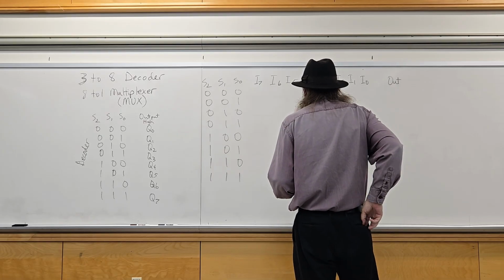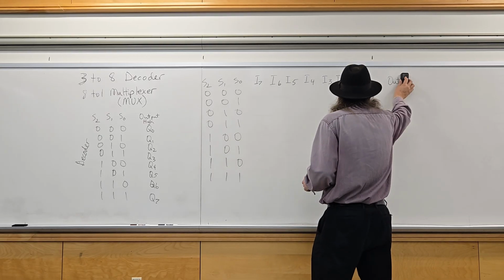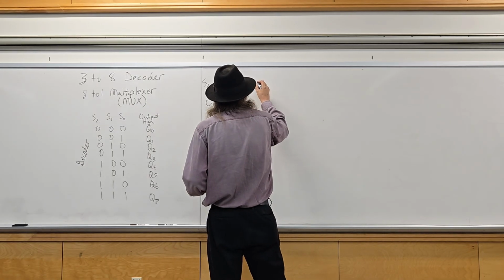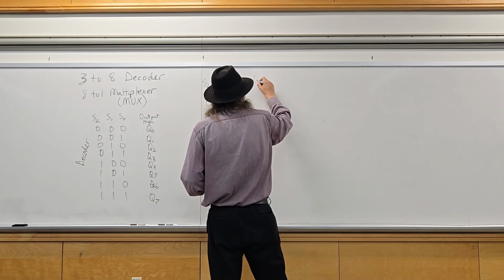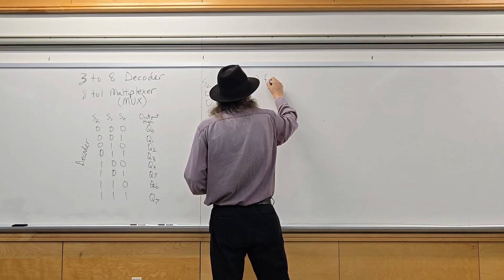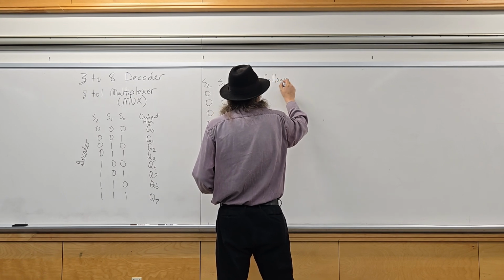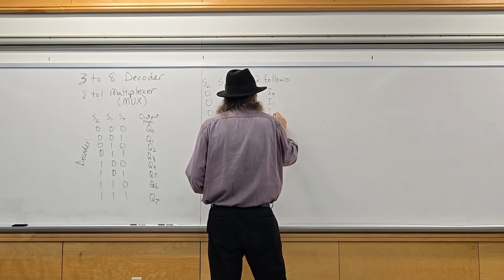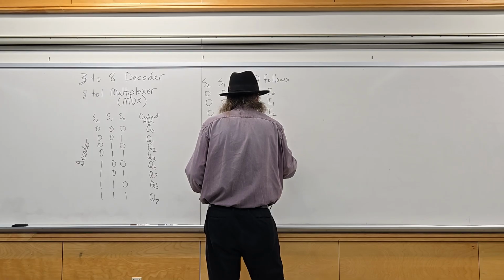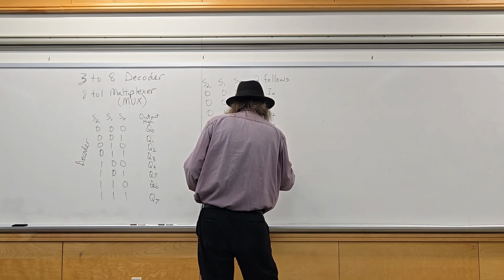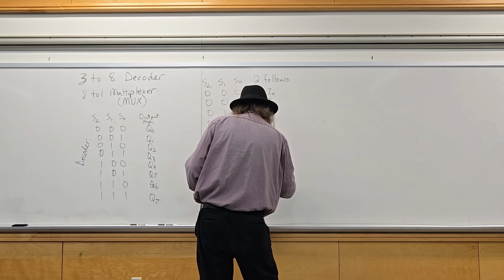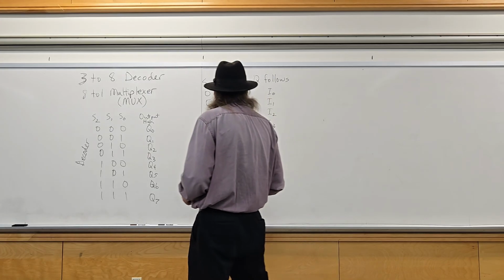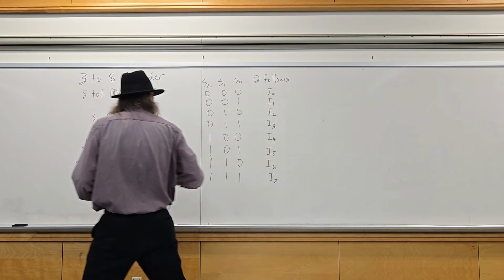You can skip the I columns. Q follows I0, I1, I2, I3, I4, I5, I6, and I7. So that's the multiplexer.